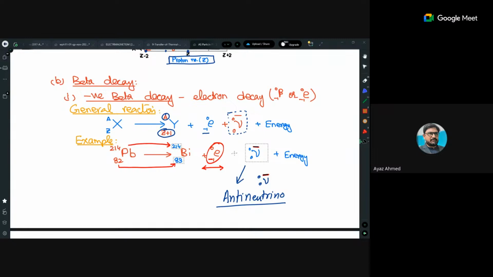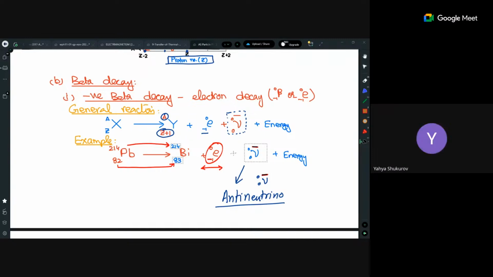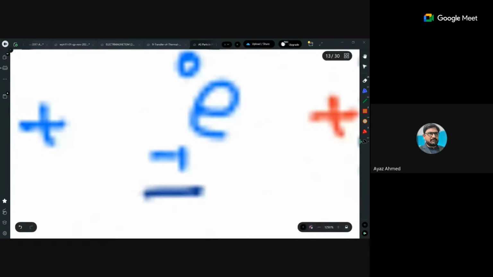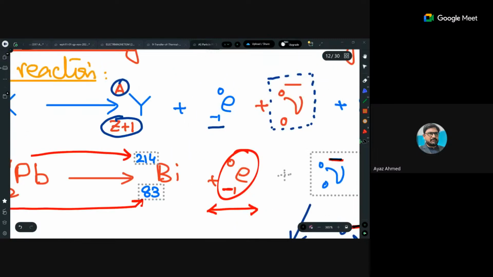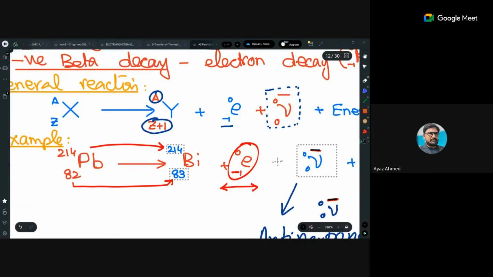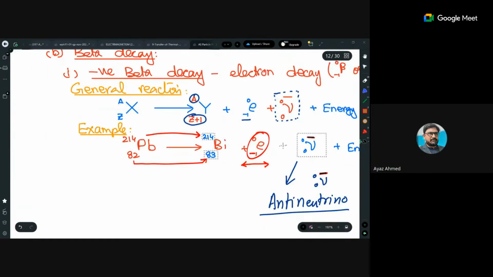Negative beta means electron. So this is your electron antineutrino; it is basically an antiparticle of an electron.